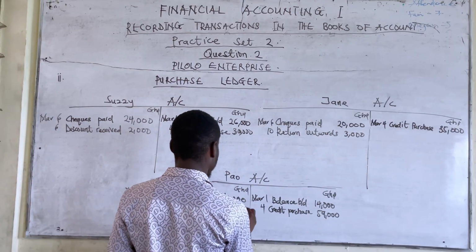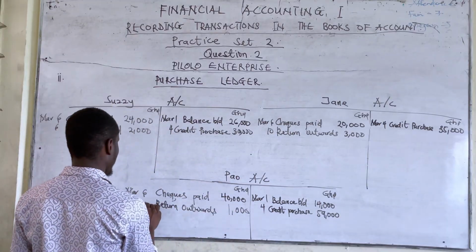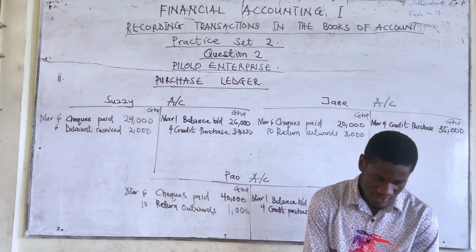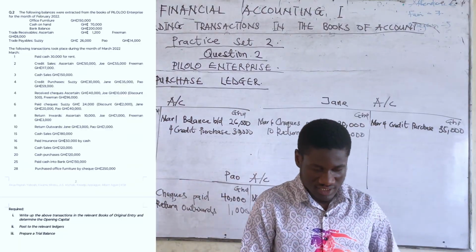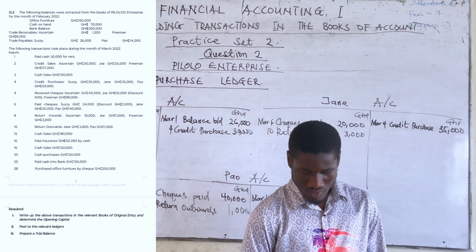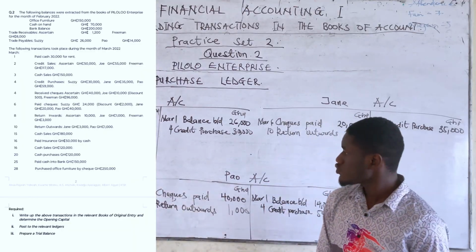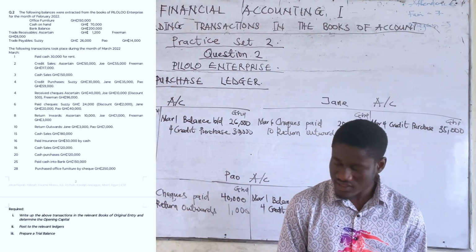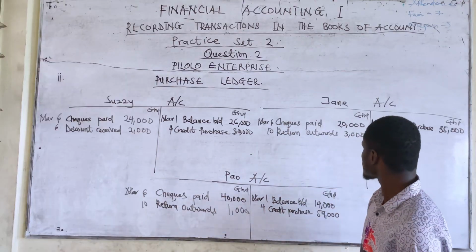And Paul was 1,000. Good. So we move on to see if there was any other transaction involving these accounts. Okay. So we see that there were no other transactions involving these accounts.